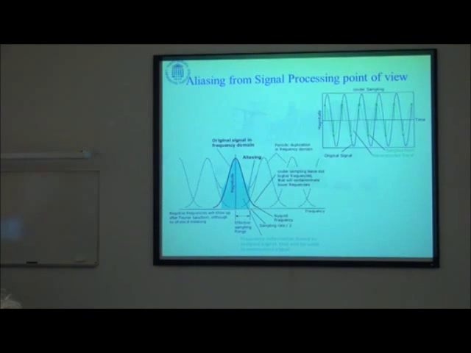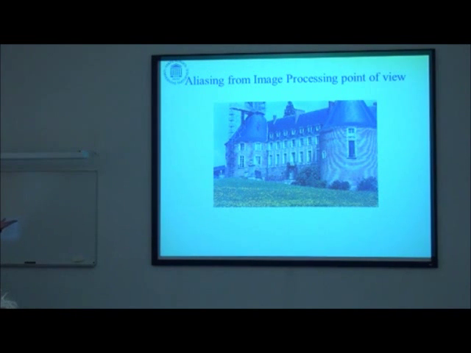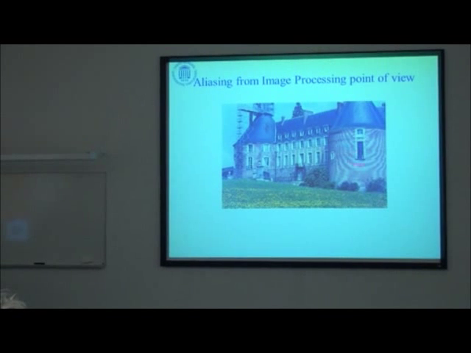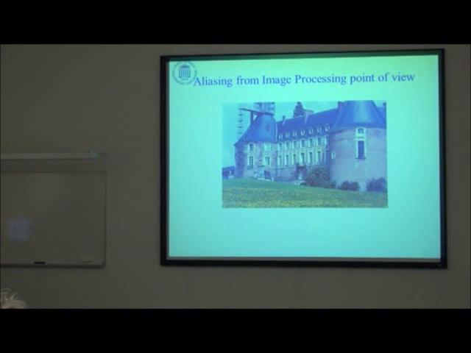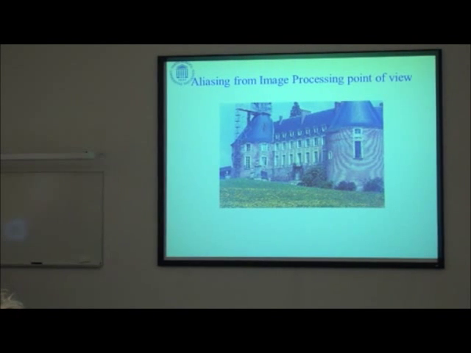Now, in image processing, it's much easier. You have this image, you put it into the computer, and you get this image. This is called aliasing. It means that the number of samples is not good. Can you see that here? Look at this. The previous one, without aliasing, is the actual image. But when you sample it with fewer samples, we get this. And this is not good.